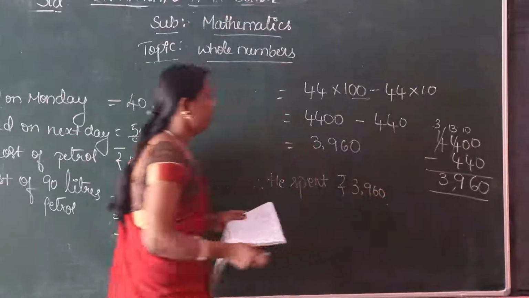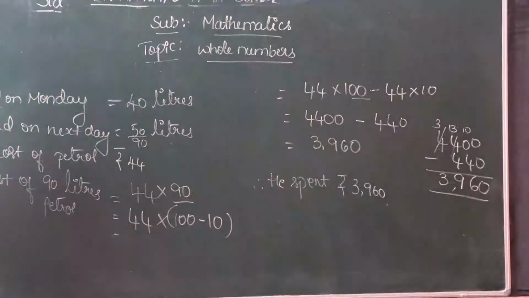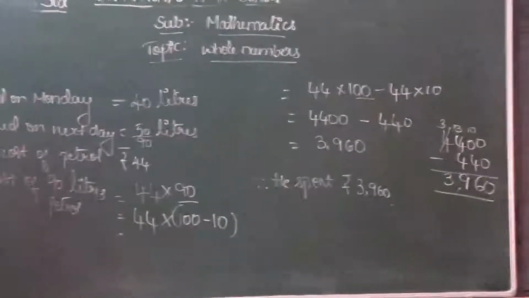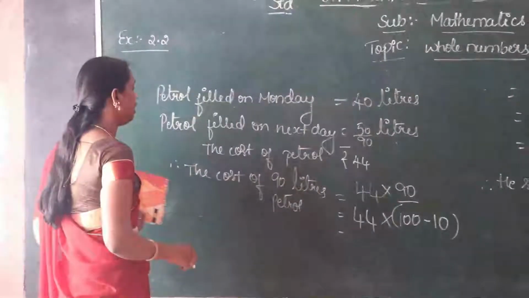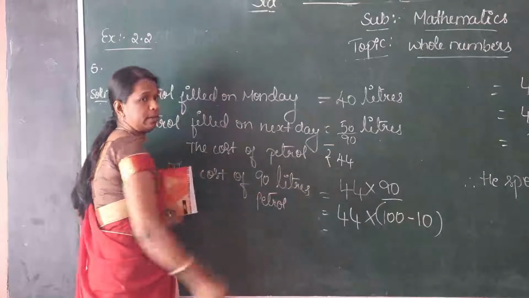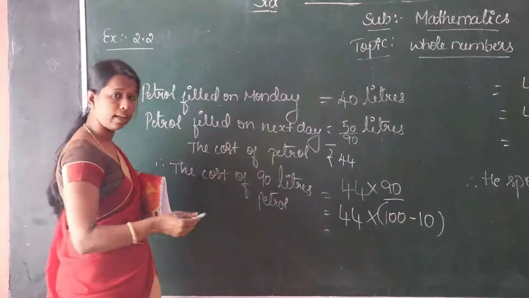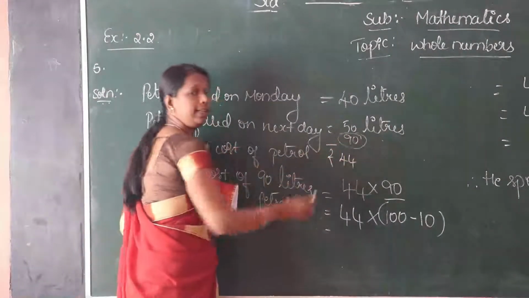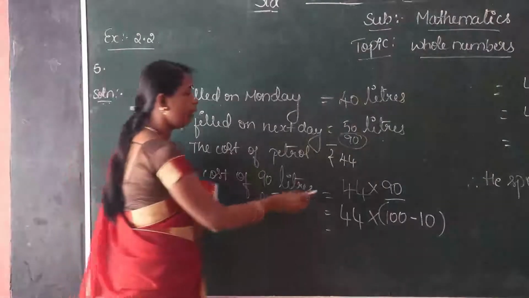3960. So I will explain once again. The petrol filled on Monday is 40 liters. On the next day, 50 liters were filled. Totally 90 liters of petrol filled in that petrol tank. The cost of 1 liter petrol is rupees 44. So finally we have to calculate for 90 liters of petrol, so 44 into 90.